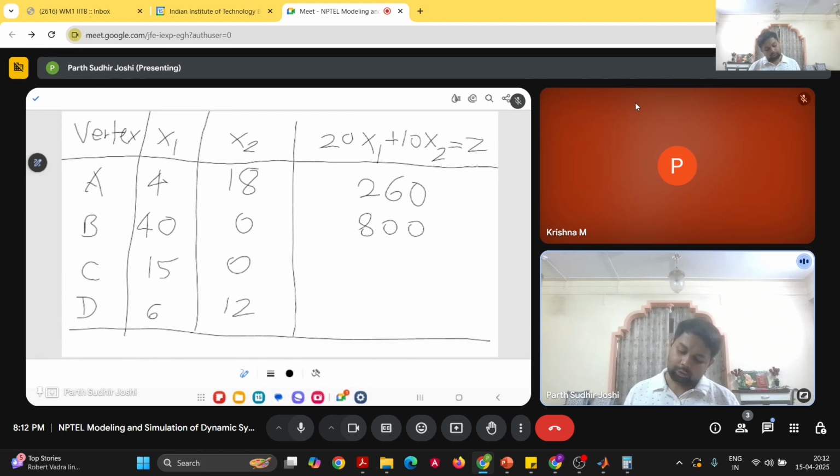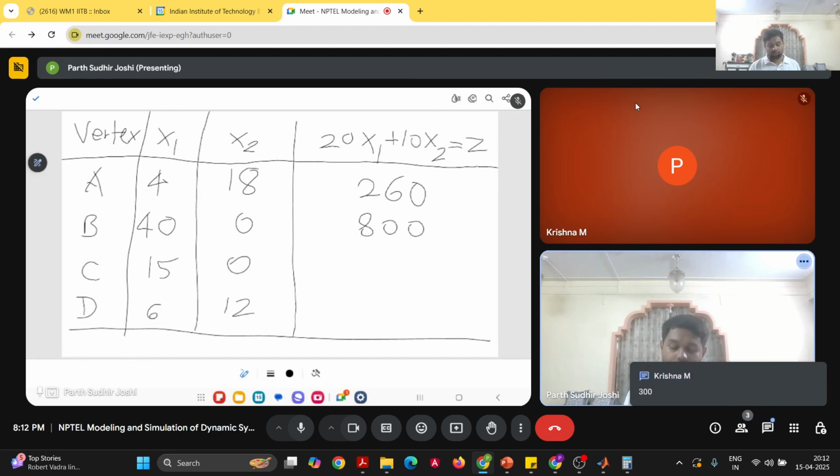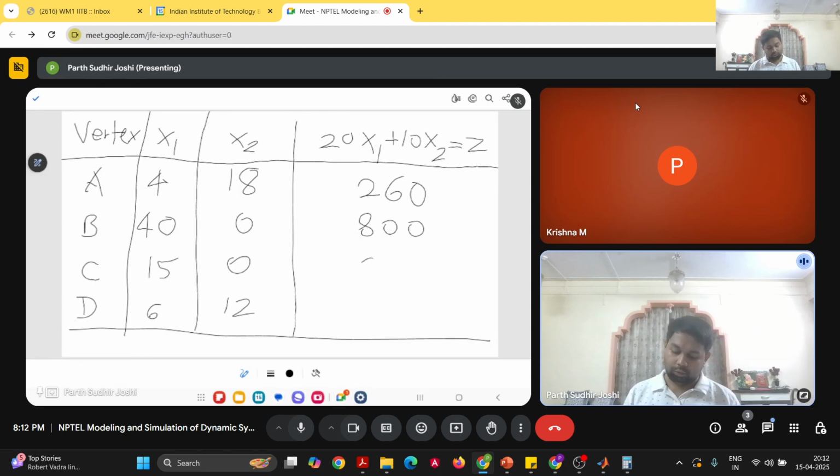So for the next vertex, what will it be for vertex C? 300, right? So it will be 15 into 20 plus 10 into 0. Yes, sir, you're right. So it will be 300.